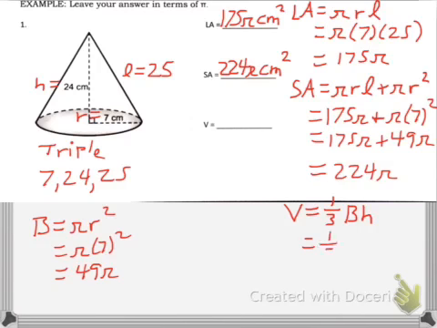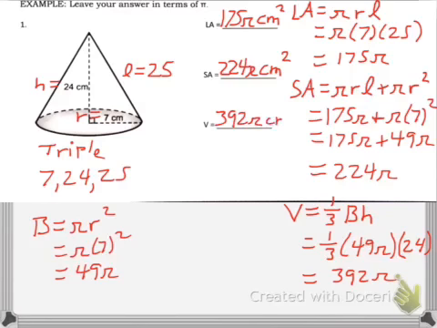Let's substitute that in for capital B. My height, if we look at the picture of the cone, was 24. So now multiply 1/3 times 49 times 24, and you'll get 392. Leave pi on the end of your answer. So the volume is 392 pi centimeters cubed. That'll do it for surface area and volume of cones.